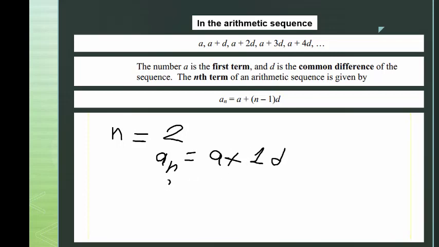So you will get the second term as the first term plus d. Your n here will be 2. This rule we use to get the nth term in any arithmetic sequence.